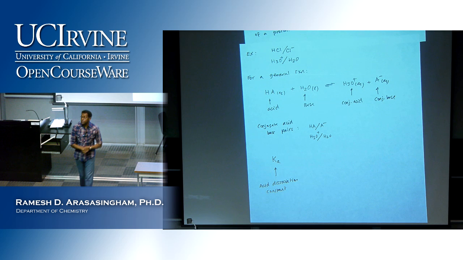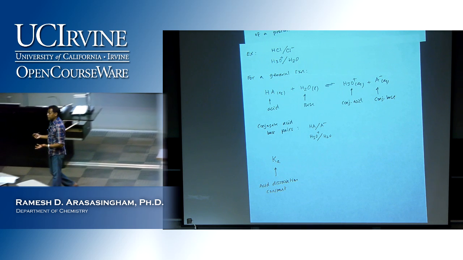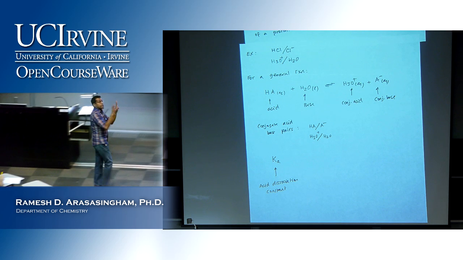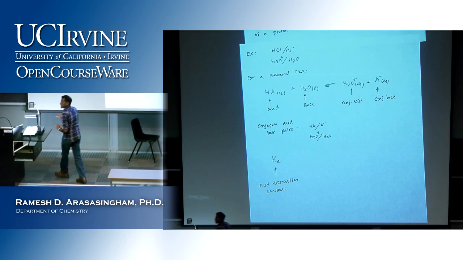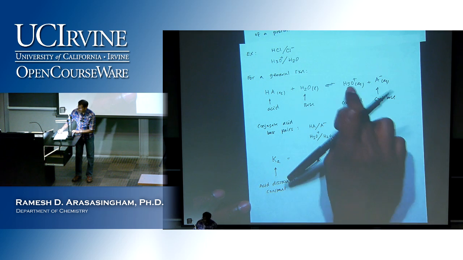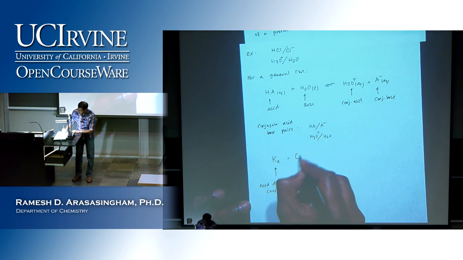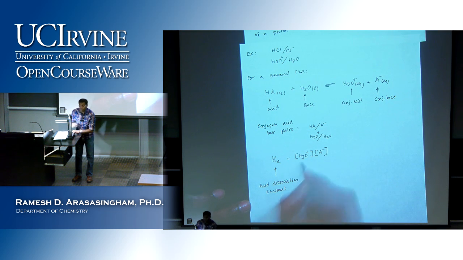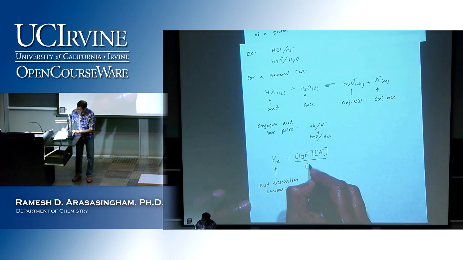To distinguish it from Kc or Kp, we give it a subscript A because this describes a class of reactions. And Ka equals the concentrations of the products divided by the concentrations of the reactants.